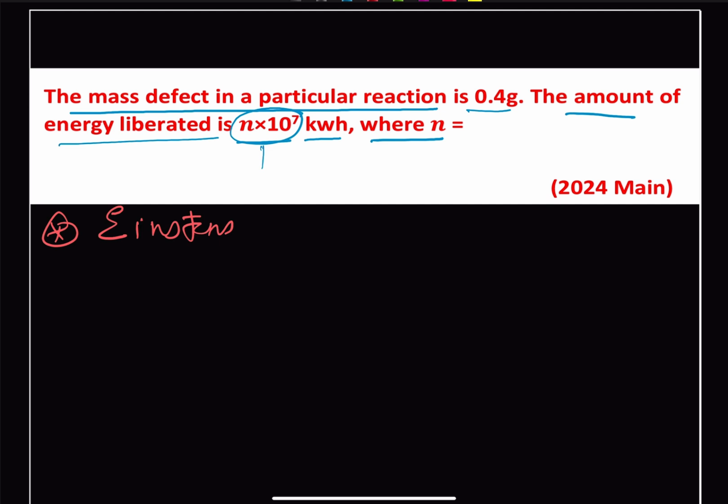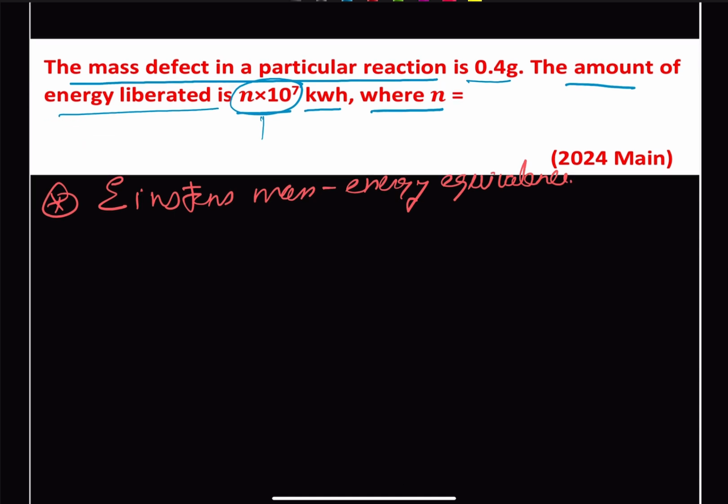So we can say mass energy equivalence, or it is also sometimes called Einstein's mass energy equivalence, which gives us that energy E is equal to mass defect times c square. And mass defect is directly given to us, 0.4 gram.